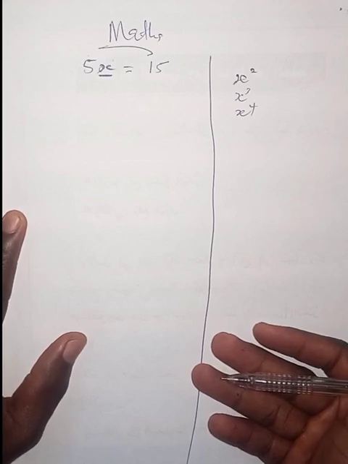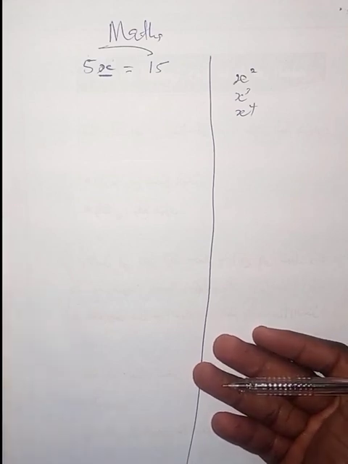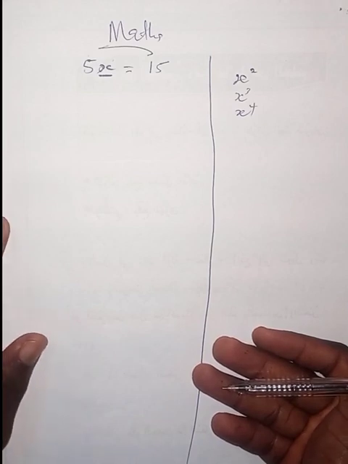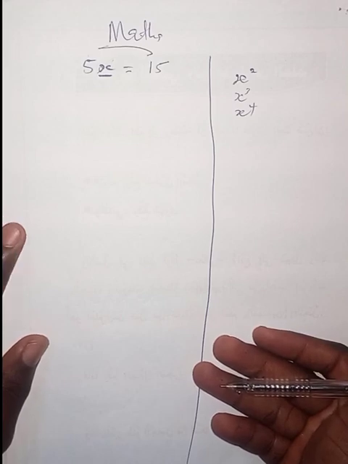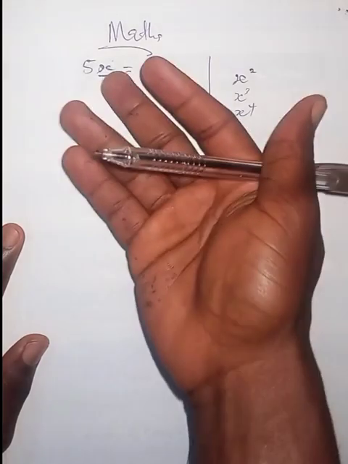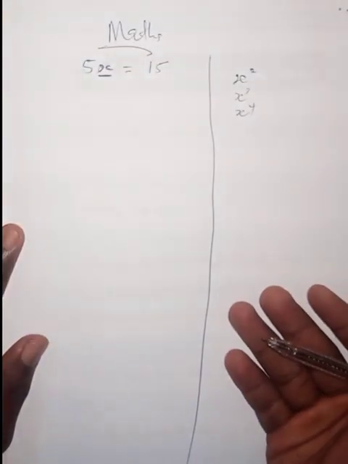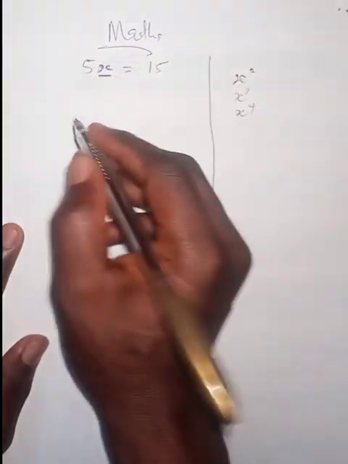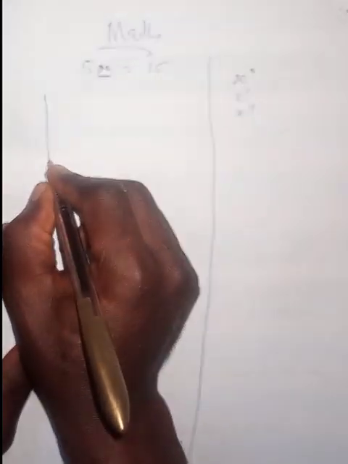Let me give you the definition of linear equation. A linear equation is an equation that forms a straight line when graphed. Let us take a look at this for instance. This is our graph.